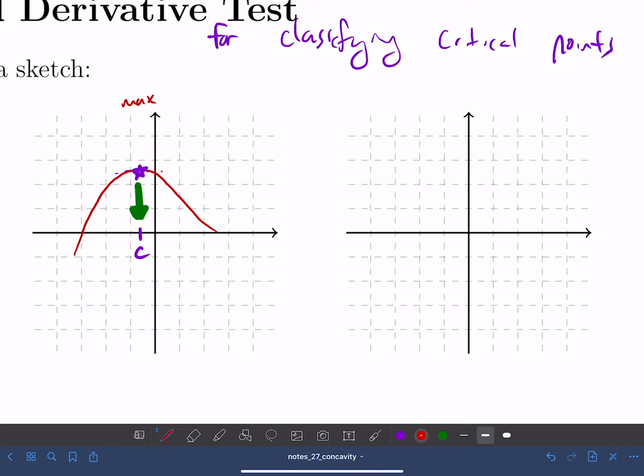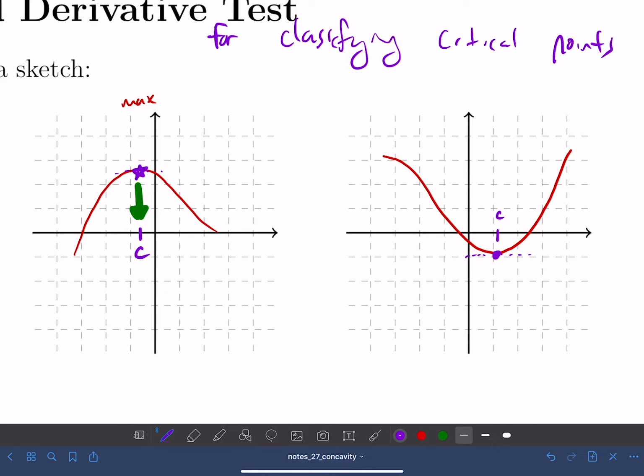Similarly, if I have a min, so I've got a minimum right there at some critical point C. This works for undefined critical points as well, where f prime is undefined, except that's a lie, because if f prime is undefined, then f double prime is most certainly undefined.